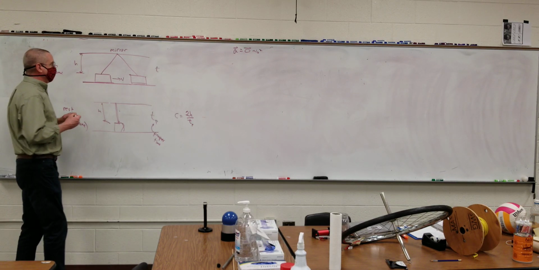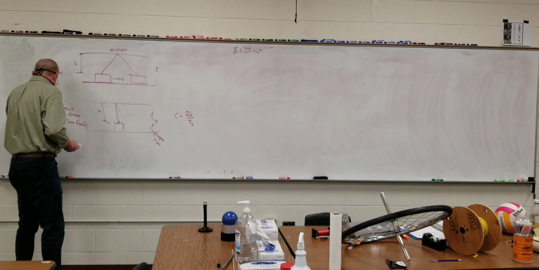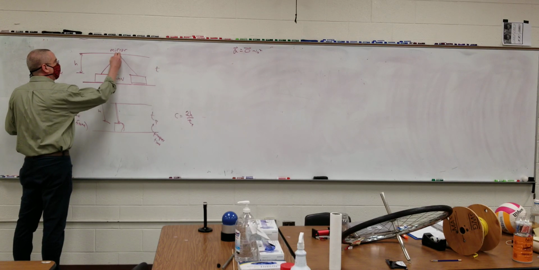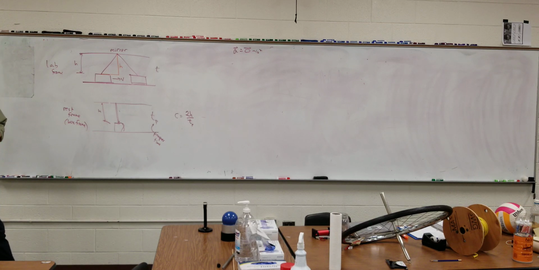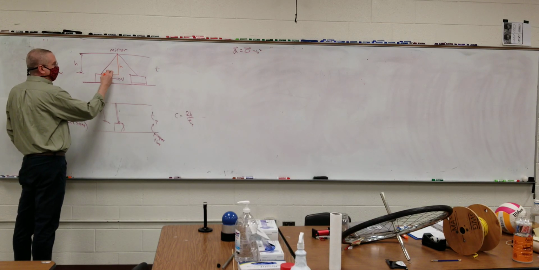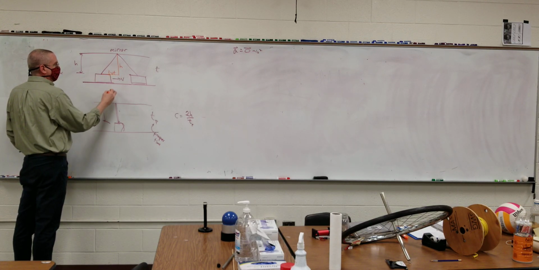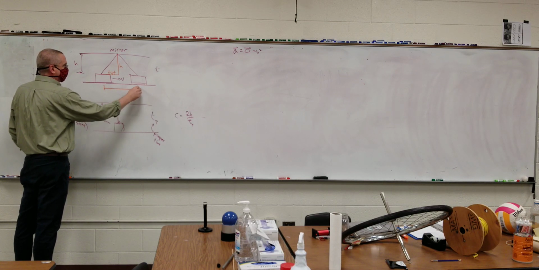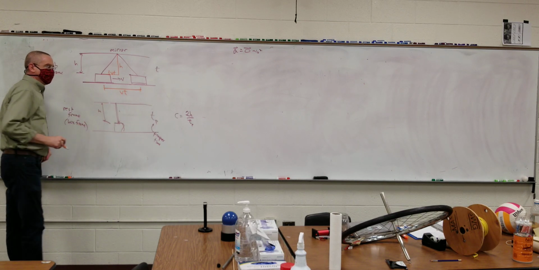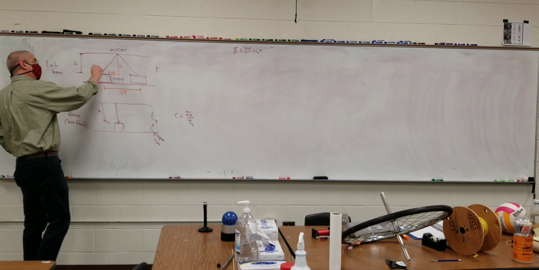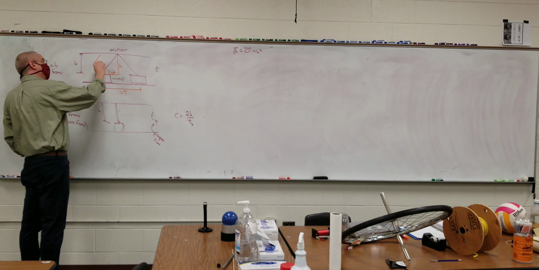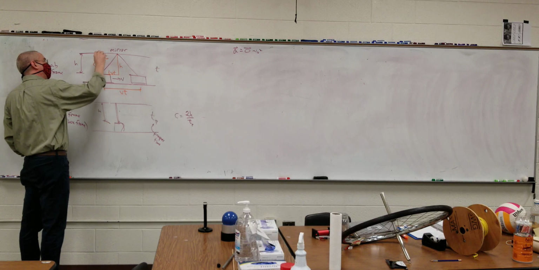In the top case right here, I know my vertical leg is h. My horizontal leg is going to be 1/2 vt, because in whatever time it takes, it travels some distance vt. So the time it takes for the light to get to the top is half of that. So my hypotenuse here, by the Pythagorean theorem, is the square root of (1/2 vt) squared plus h squared.